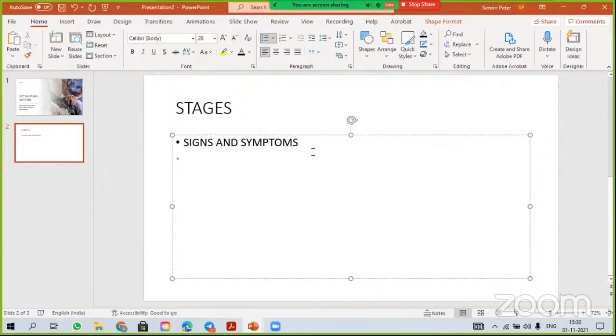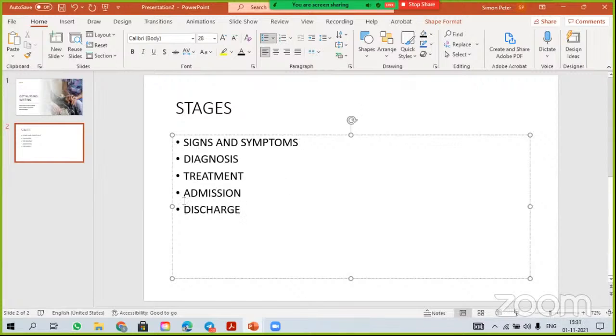Then you can talk about the diagnosis stage, then the treatment stage, or signs and symptom stage, diagnosis stage, admission stage, and discharge stage. Okay, fine.